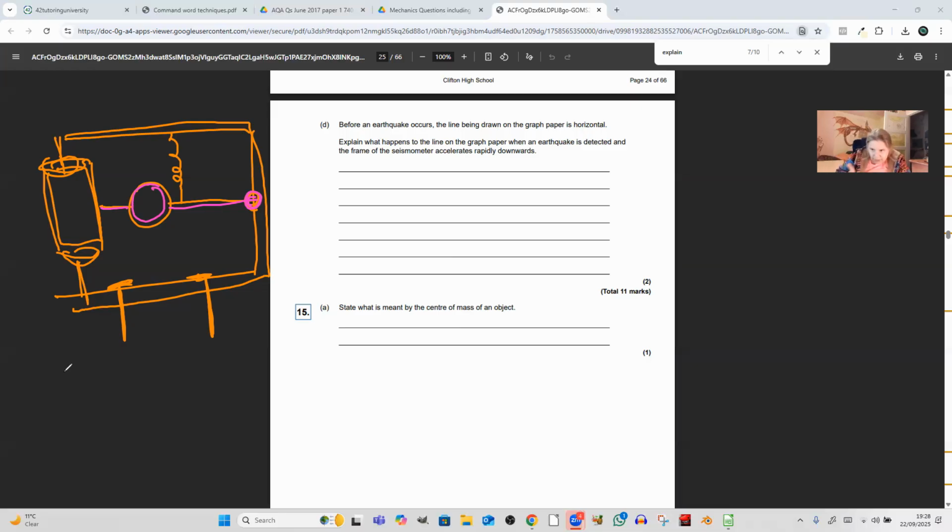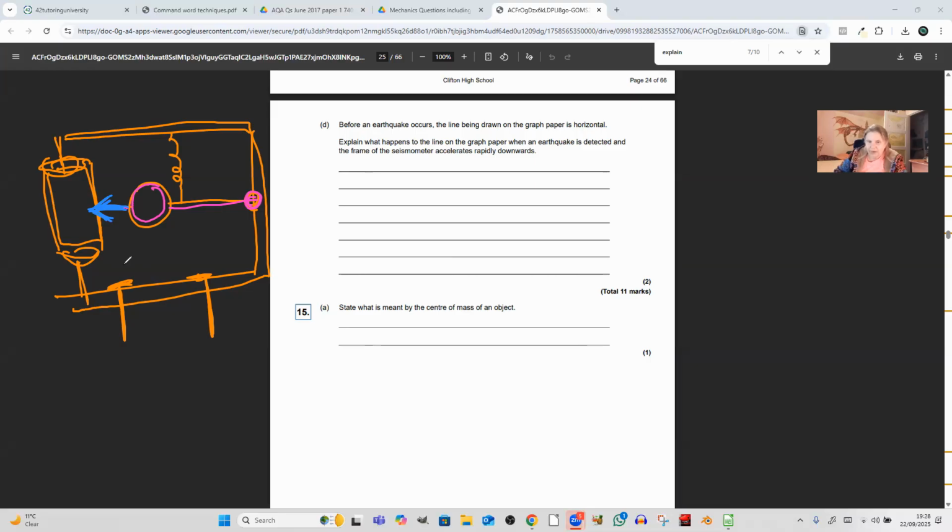I want you to imagine now what's going to happen to the line that the pen is going to draw. There's a pen, my blue arrow is a pen. Everything orange accelerates down, bam. What's going to happen to the line it draws on the paper on that drum? It's going to go up. Yes, it's going to go up.